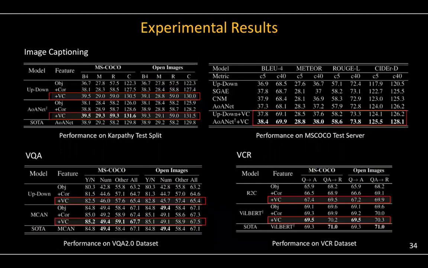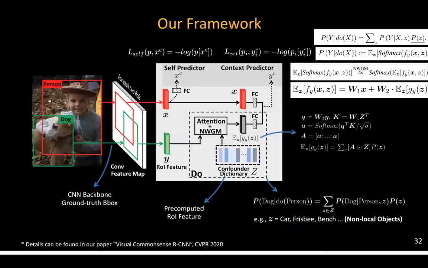And for their experiments, just with this do calculus, they can improve image captioning, VQA and visual common sense reasoning. But for image captioning, I feel it makes a lot of sense because what this model learns is basically the context prediction of different objects.